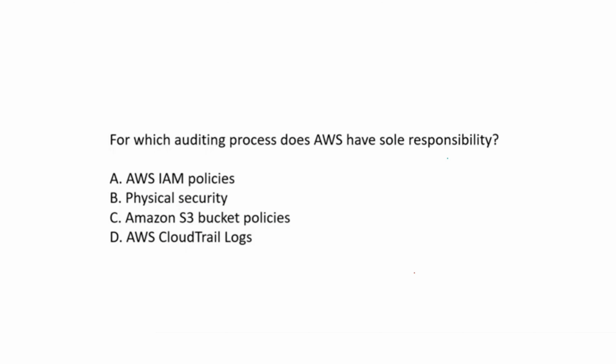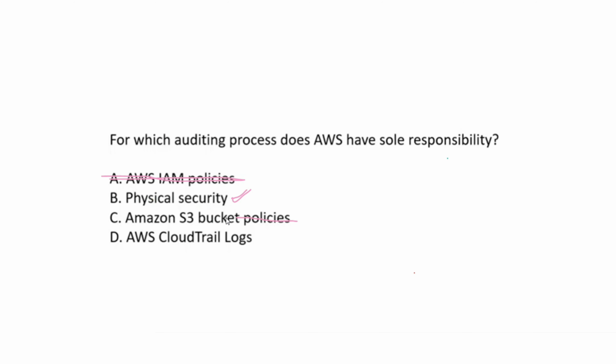Okay, so for which auditing process does AWS have sole responsibility? Okay, so AWS's sole responsibility is, again, yes, here you can see physical security. So the best fit here is physical security, as IAM policies are managed by users only, and hence this option is eliminated.